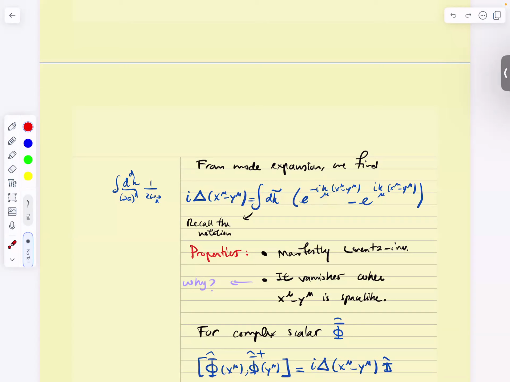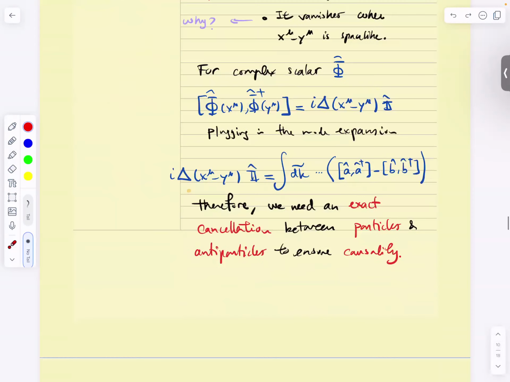If I time evolve them, how do they evolve? A picks up e to the power of minus i omega t, and a dagger picks up e to the power of i omega t, or vice versa. So you can write them covariantly this way. It's really 1 or 2 lines of algebra.